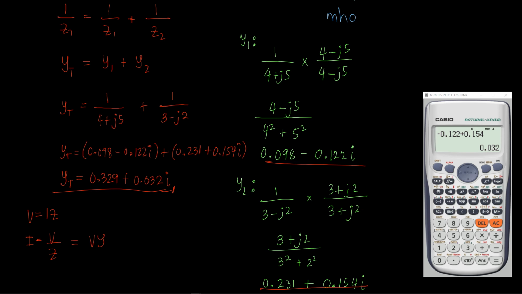Okay? Now, naa tay V nga 240 volts, angle 0 degree. Ang ato apong Y total, okay, i-convert nato na siya into polar. So, YT, convert na to siya to polar, square root of 0.329 squared plus 0.032 squared. Angle, arctan of, kabalo na mo ha.